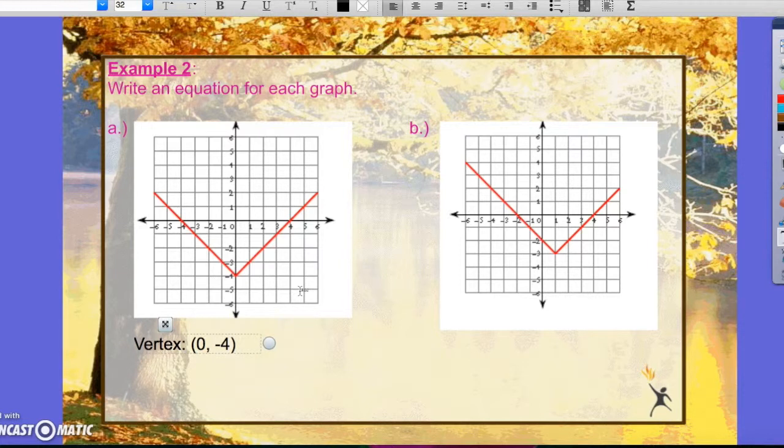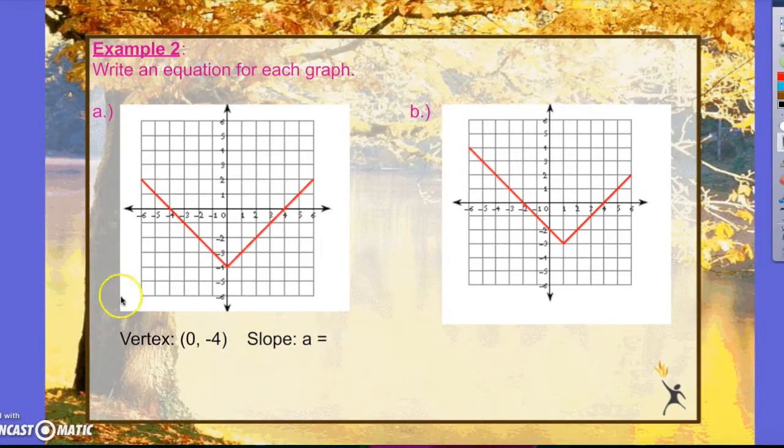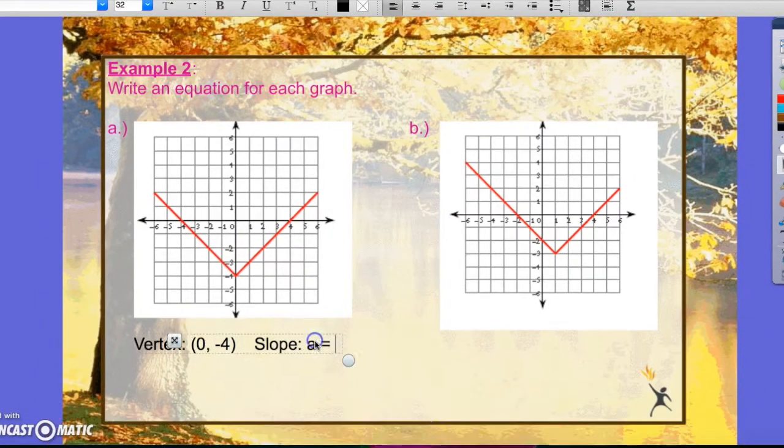My slope, a equals, and how we determine it, I'll use the pointer here. So here's the start. We go up 1, right 1. Up 1, right 1. Up 1, right 1 should be the slope 1/1 or just 1.